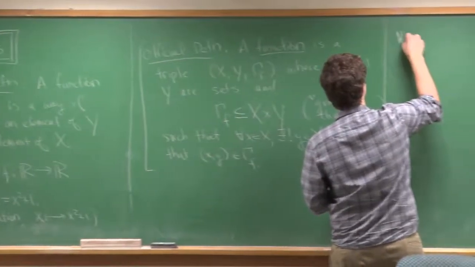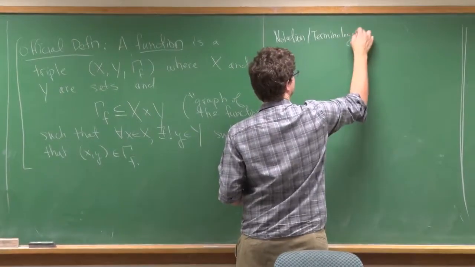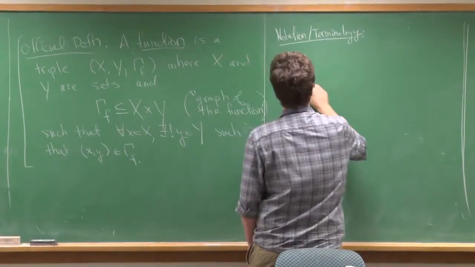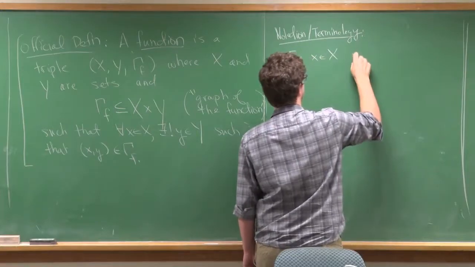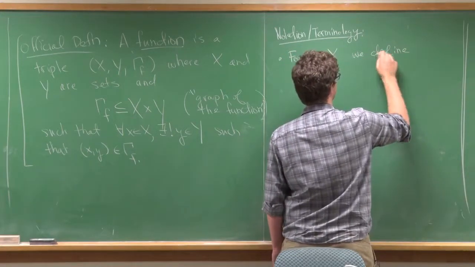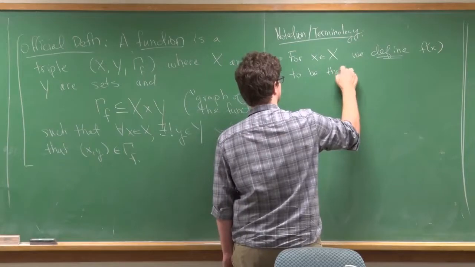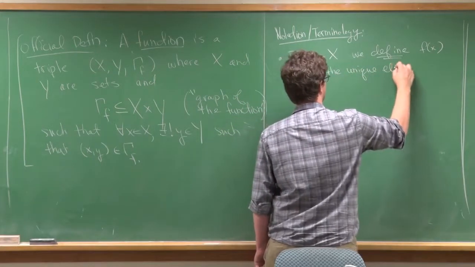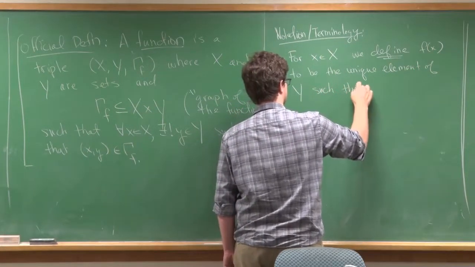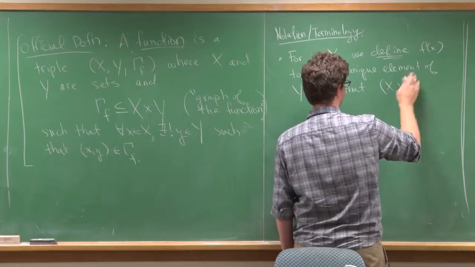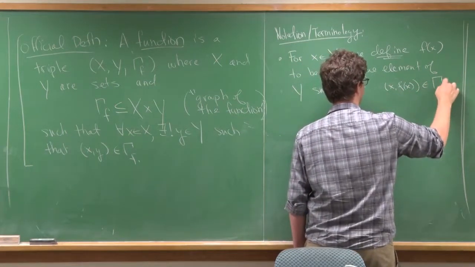Okay, so for x in X, we define f of x to be the unique element of Y such that (x, f of x) is in the graph here.